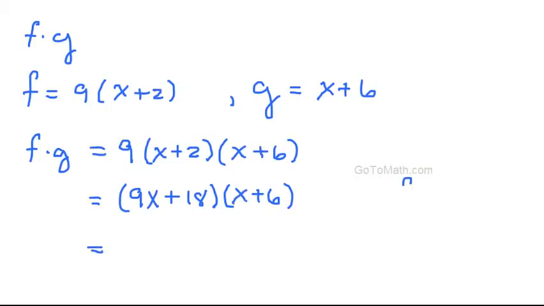Now remember, FOIL. So the first terms, 9x times x is 9x squared. 9x times 6, that'd be your outer terms. 6 times 9 is 54x. 18 times x.